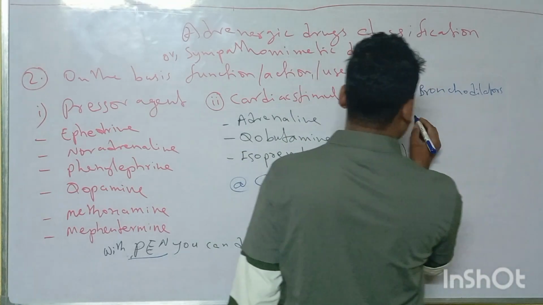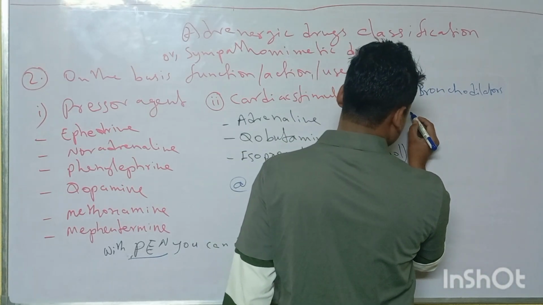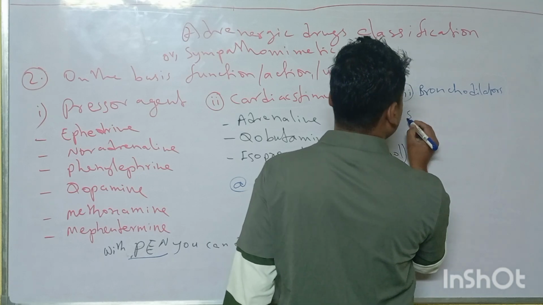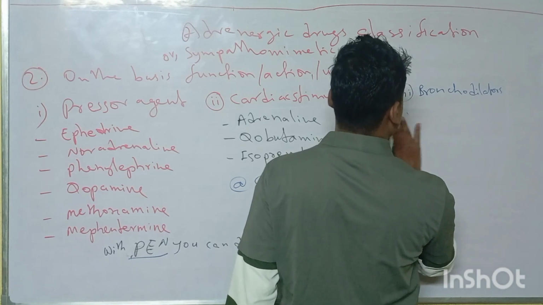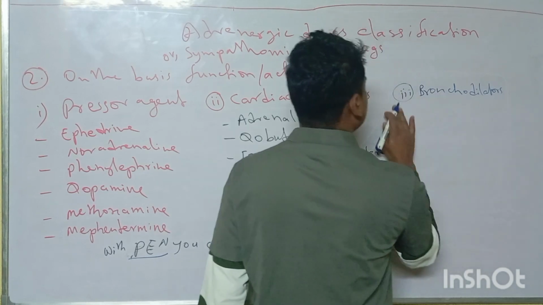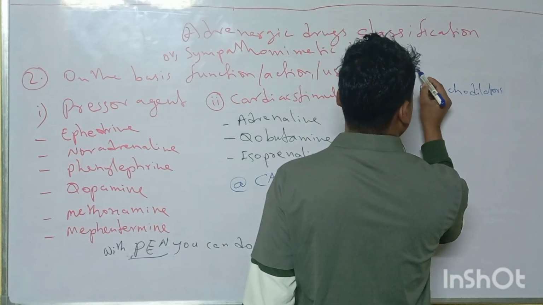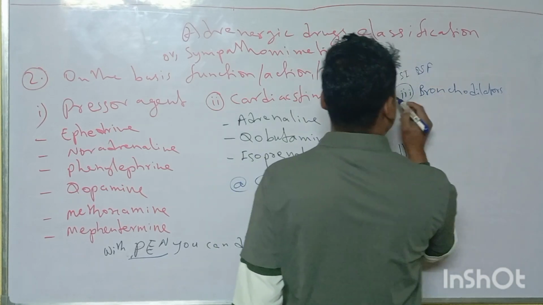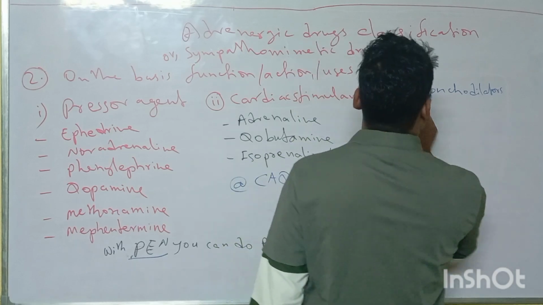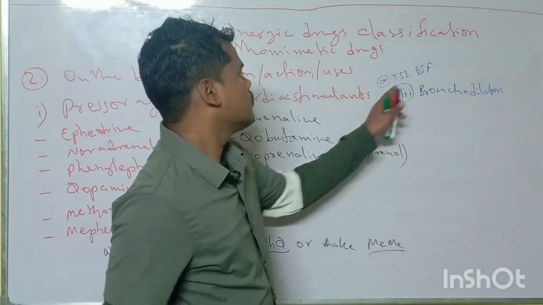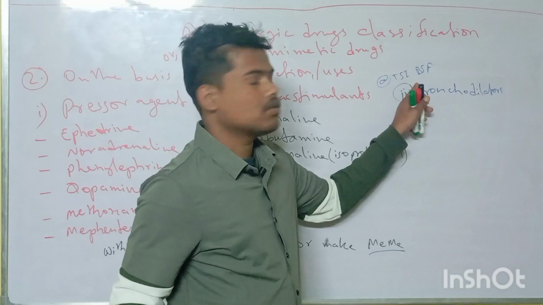Examples will be bronchodilators. Remember it as TSI BSF, triple sugar iron agar.